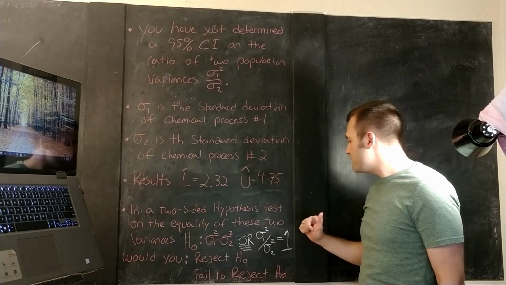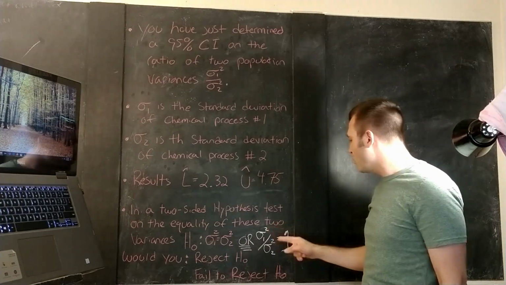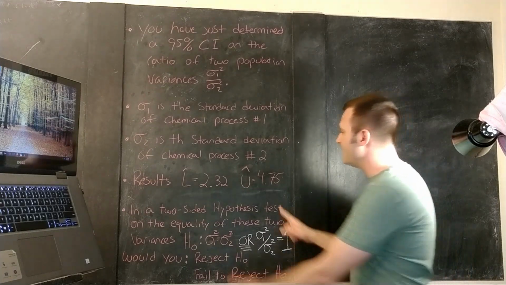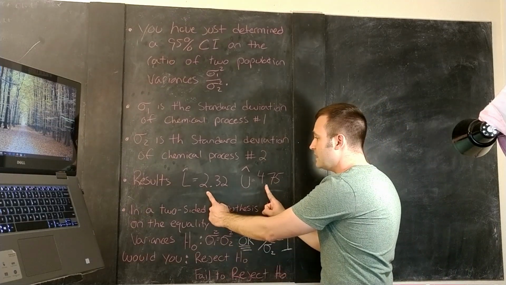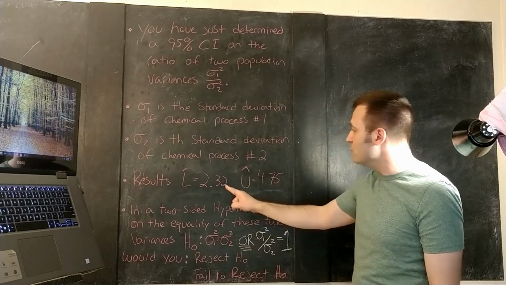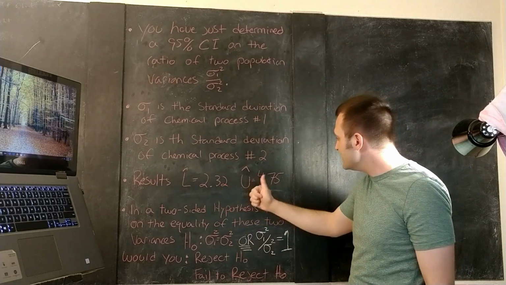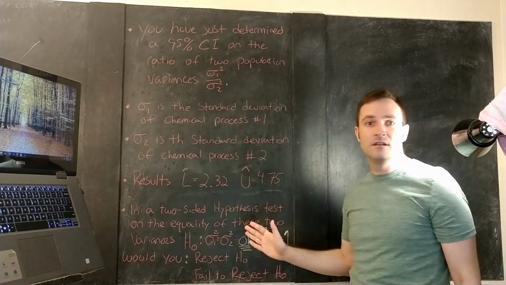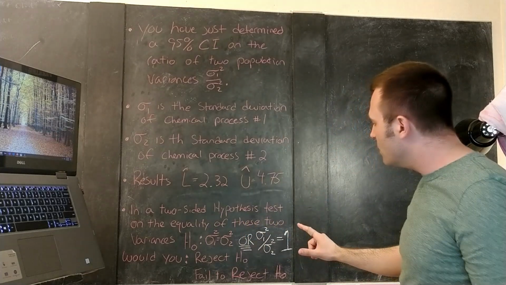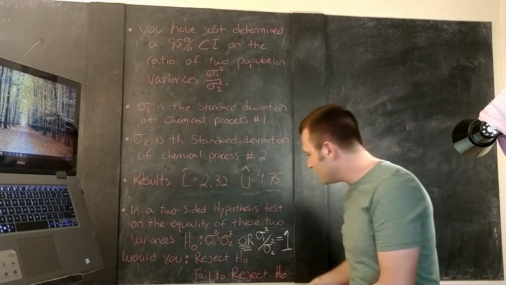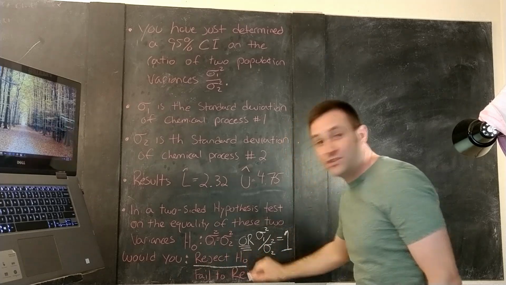So what I'm looking for here is that 1 is inside that confidence interval. I need 1 to be greater than the lower bound and 1 to be less than the upper bound. It's not. And so right away, I know that I can reject my null hypothesis. And so that's the answer to my question.